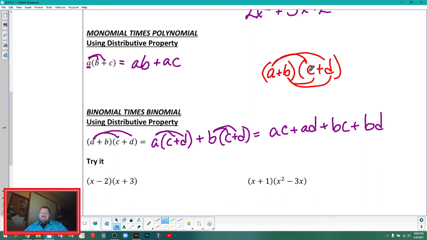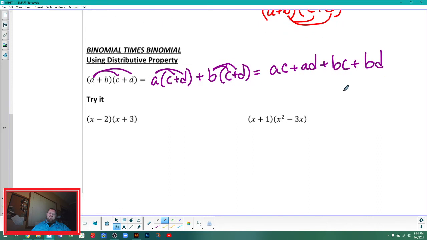A times C, A times D, B times C, and B times D. And we'll look at another way to talk about that. But for this one, let's go ahead and do this process of breaking it up first and then using distributive property. So I'm going to take the x and multiply it by these parentheses.